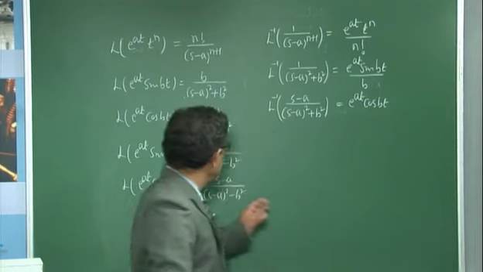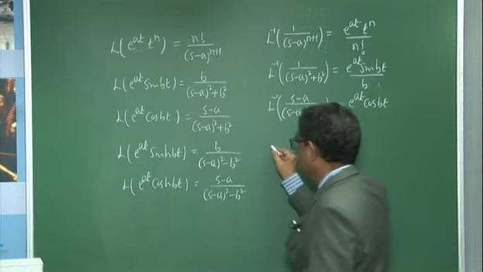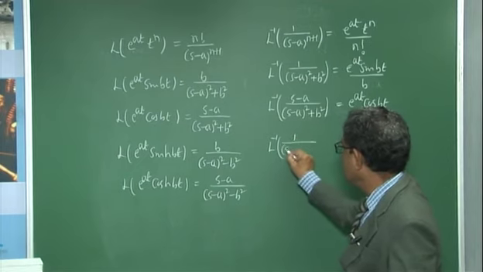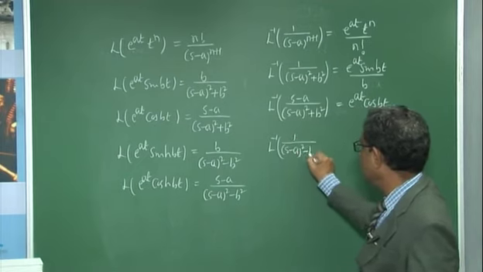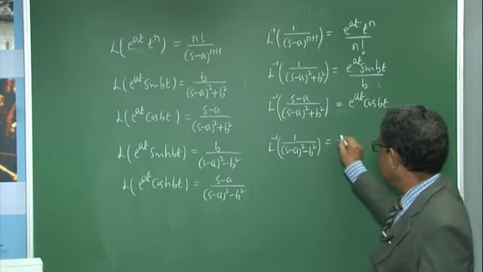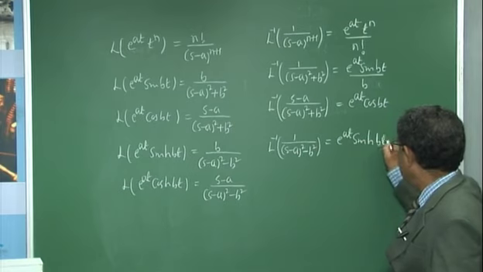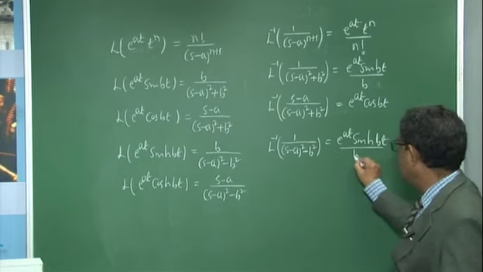Similarly, we can write the fourth one. What is the fourth one? L inverse of 1 divided by (s minus a) whole square minus b square is e raised to a t sin h b t, hyperbolic function, divided by b.